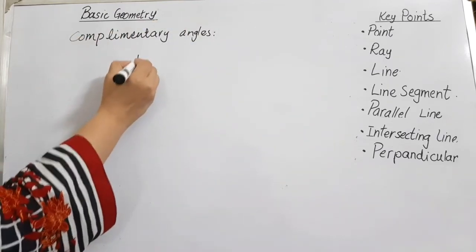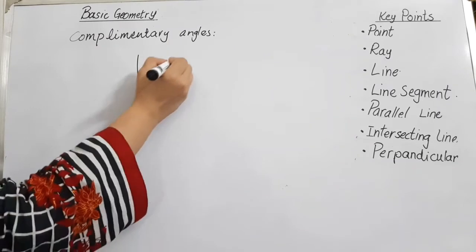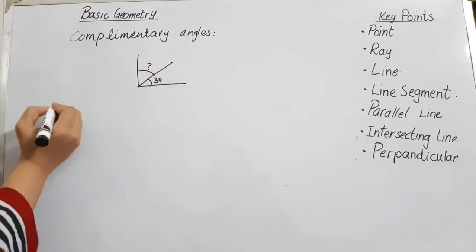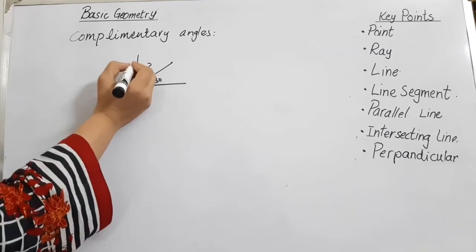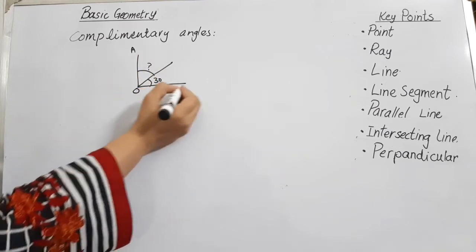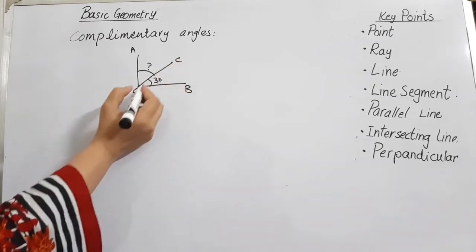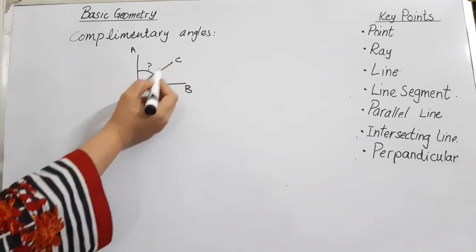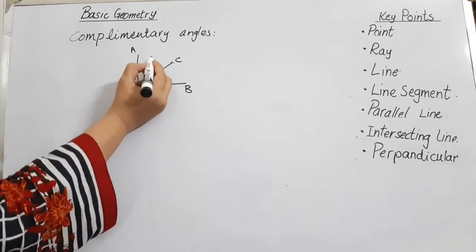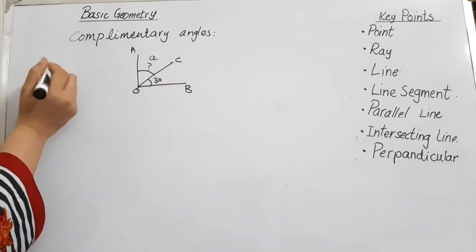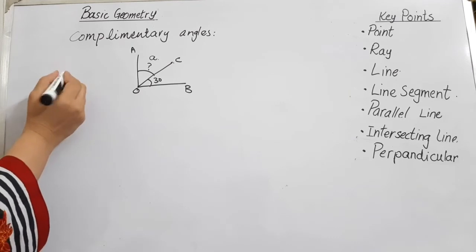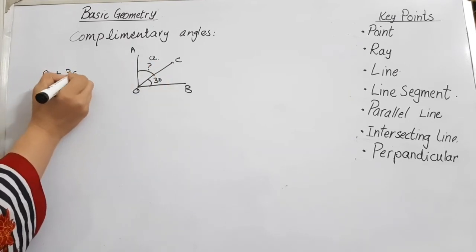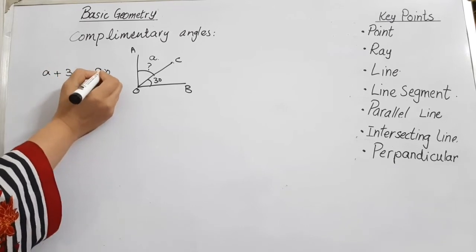Complementary angles: if this is 30, what is this? So we know A, O, B and C. We pronounce it COB, and what is AOC? Maybe it will be given as A. So in this way, A plus 30 is equal to 90.